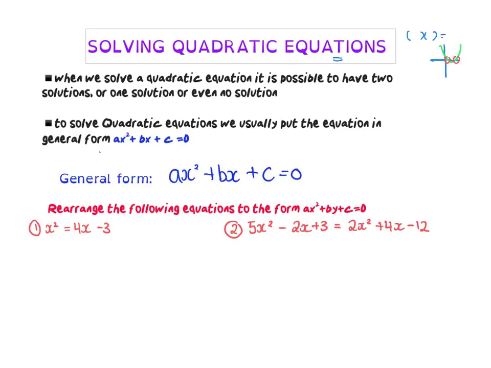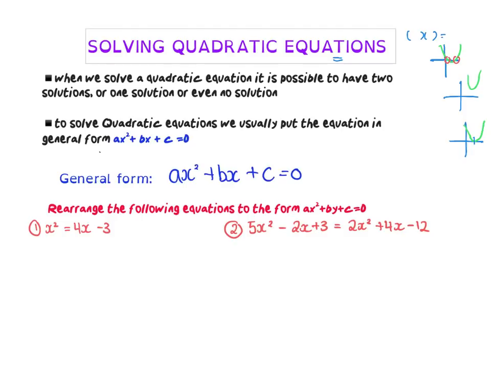So that's when, if you had two answers, it would look like this. If there were no answers, it means maybe the quadratic graph is up there and it doesn't cross the x-axis. Or if you have one answer, it might look something like this. But for us, we're mainly going to learn how to solve it, and in the following years, you'll talk more about the quadratic graphs. So let's have a look.